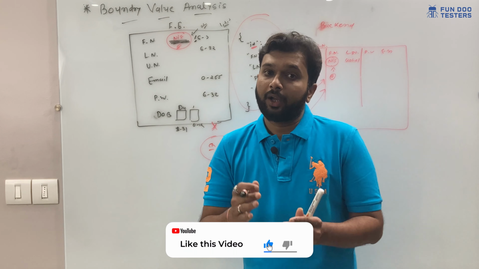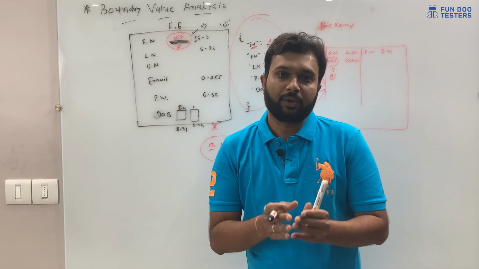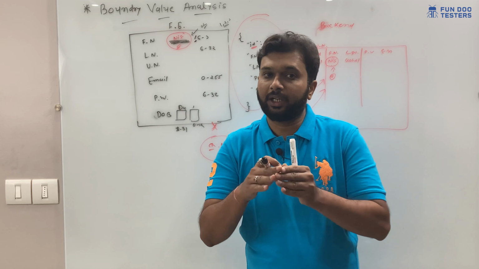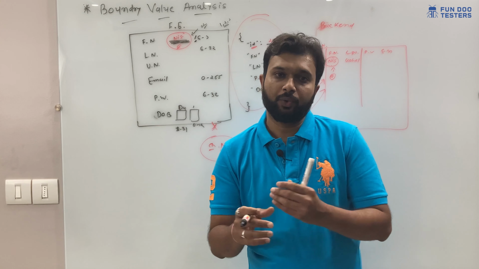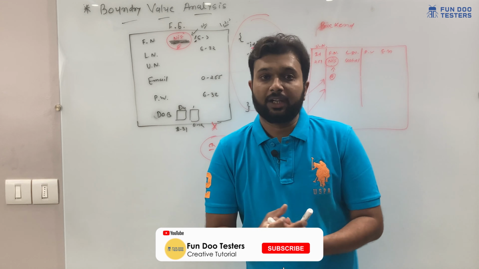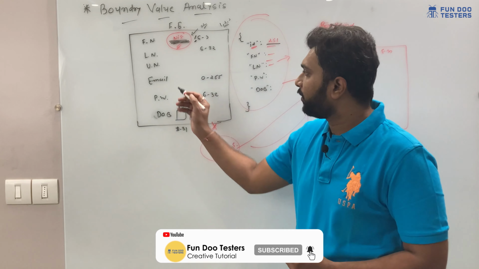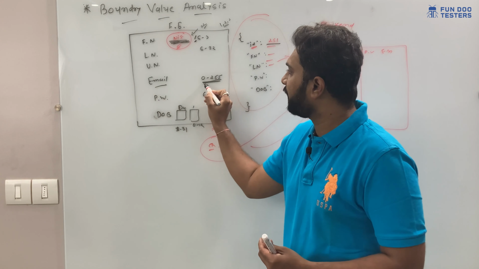Another way is, if you don't have a requirement and still want to know, there is a standard for each and every field, like a general text field or a date picker. You have to understand the basic standards of software engineering. For example, an email field should accept up to 255 characters, and we cannot say my application will accept only 6 to 32 characters.